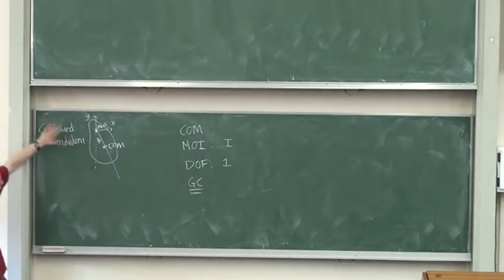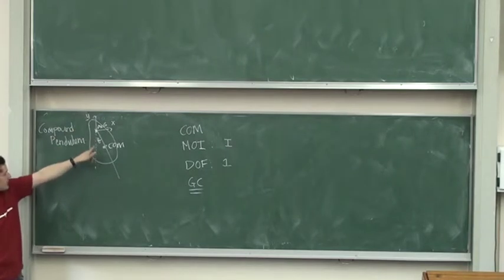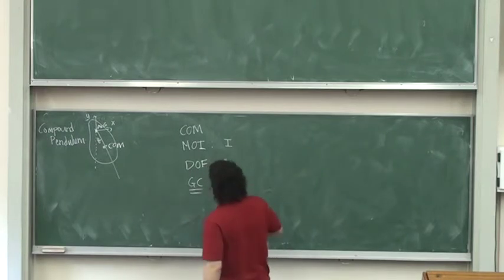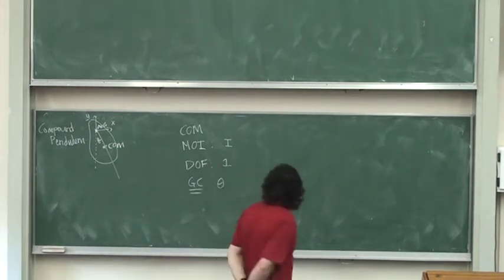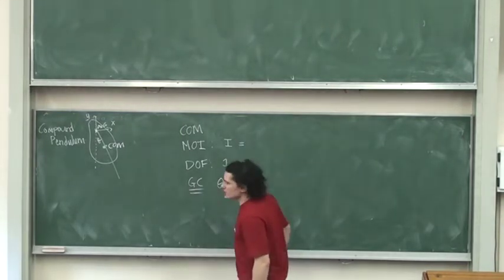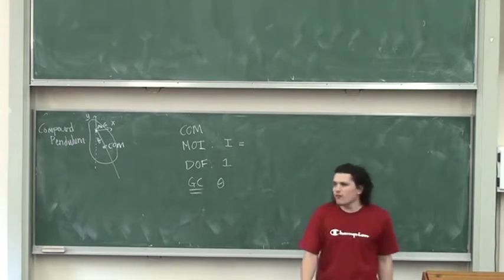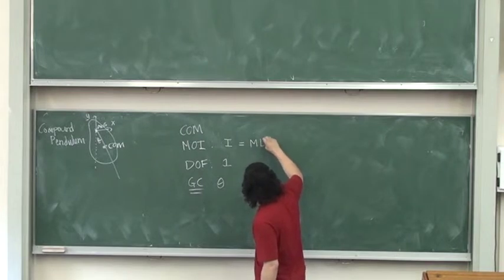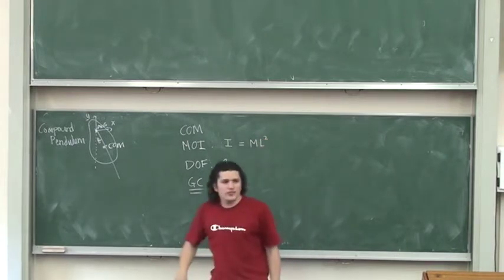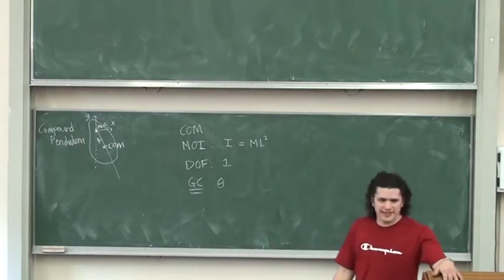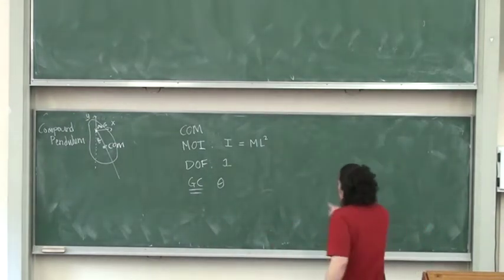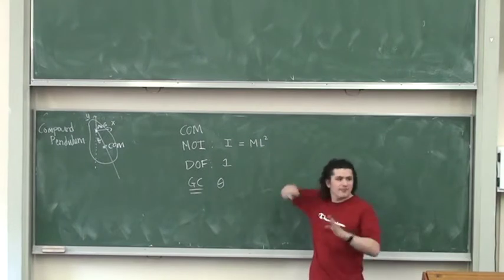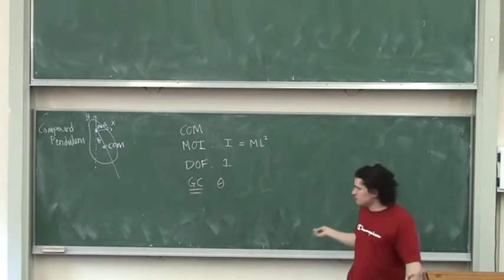Right, so now we have, for any object, defined an angle theta so long as we can draw a line between the axis and the center of mass. Great, so we'll say our generalized coordinate is theta. Let's say that the moment of inertia I has a form that looks like mL squared. Those are the dimensions of moment of inertia, if you think about it for a second. So I'm going to just say it has that, where L is some value that gets computed.